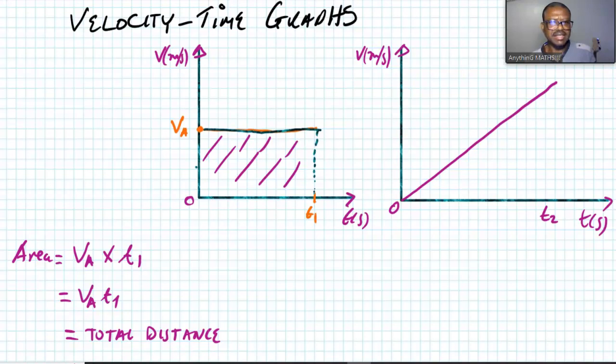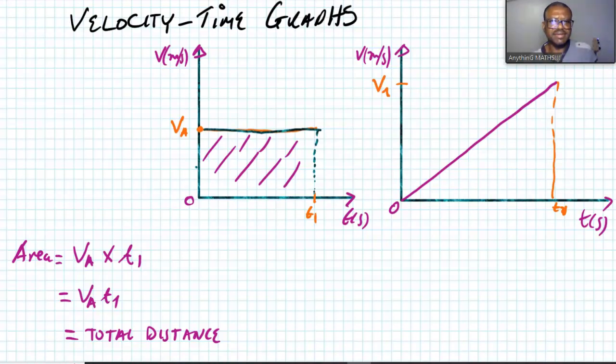Let's look at this diagram as well, the one with the constant acceleration. So that one also ends over here, which is T2. So we have T1. It's more of a triangle, isn't it? So let's say this is V1 as well.